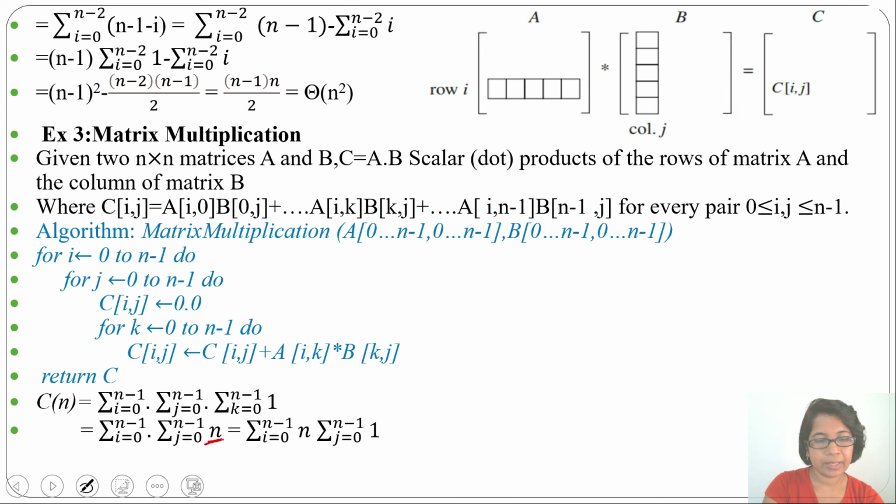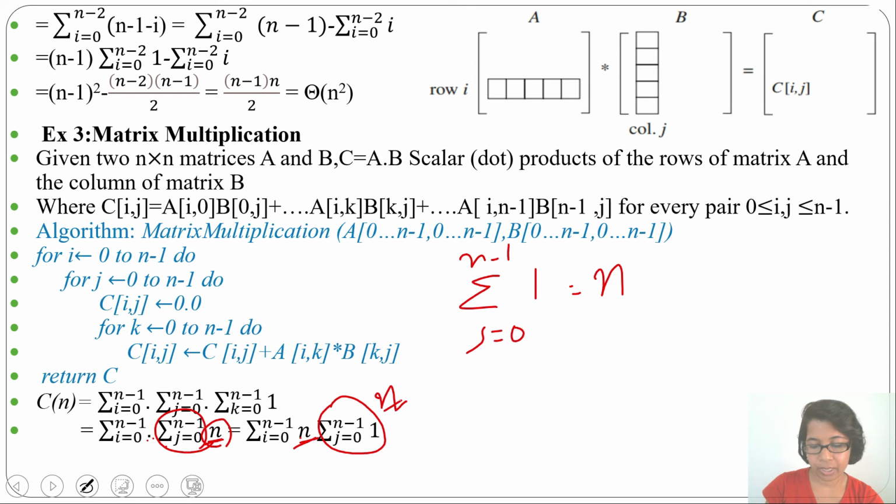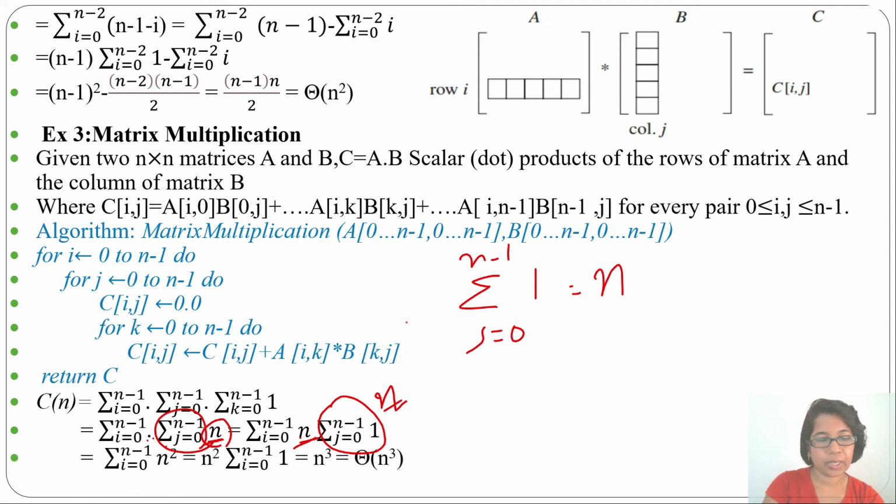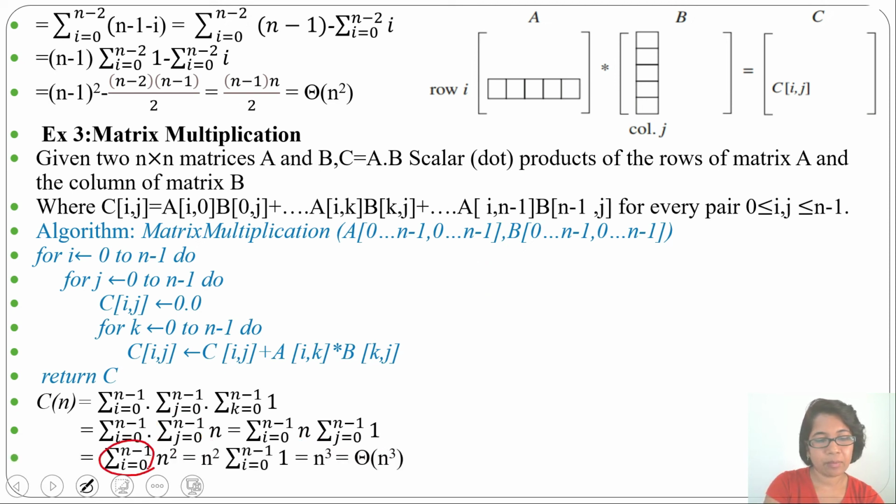Now this n is a constant, we can take this n to the left side. After taking it to the left side, we'll get sum of j equals 0 to n minus 1 of 1. And after evaluating here, we'll get n. So from this we'll also get n. Previously another n is given, n multiplication n will give n square. And there is another sum left.